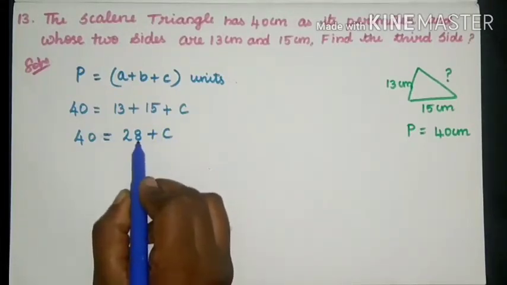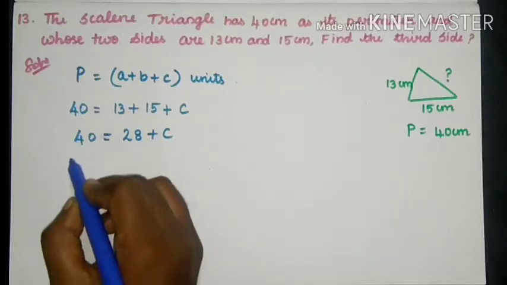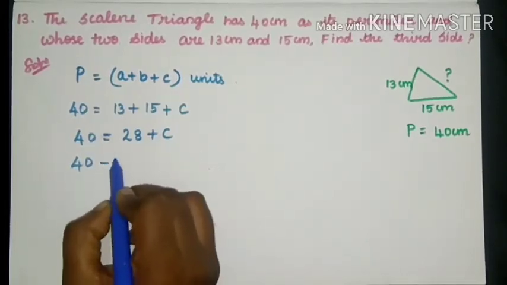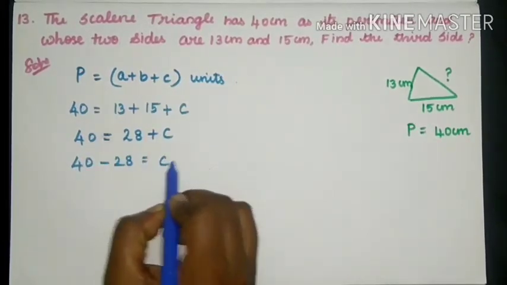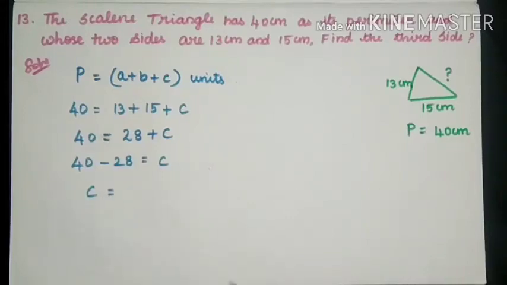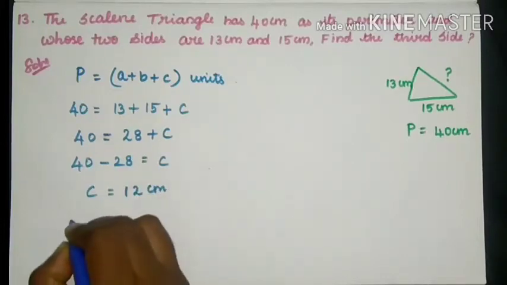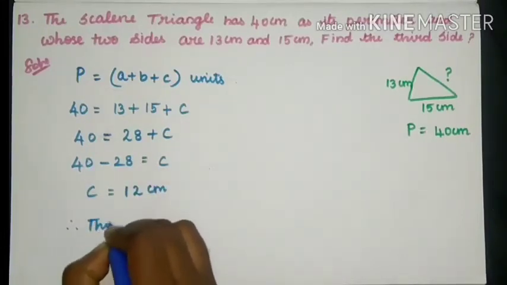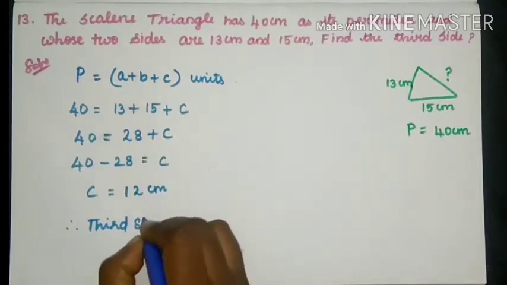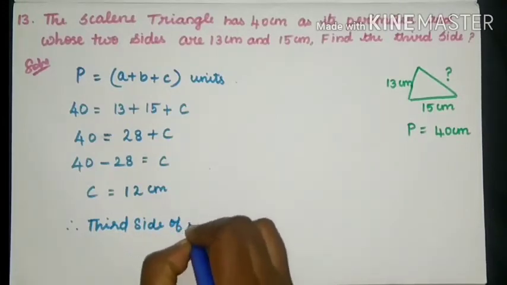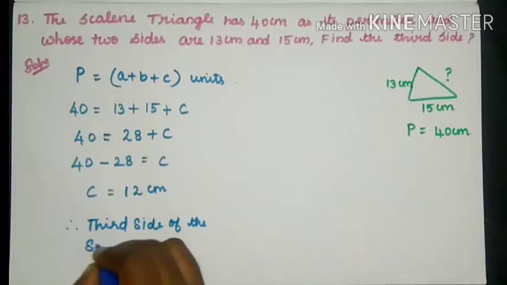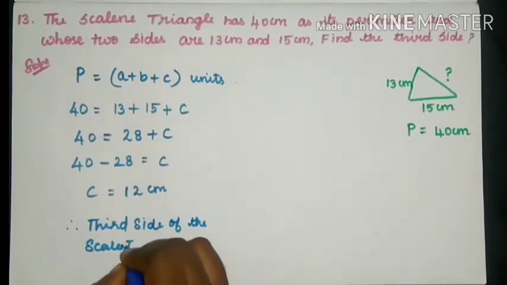Therefore, plus 28 will go to left hand side, means it will change into minus 28 equal to C. The third side of the triangle is equal to 40 minus 28. That is 12 centimeter. Therefore, third side of the scalene triangle is equal to what?